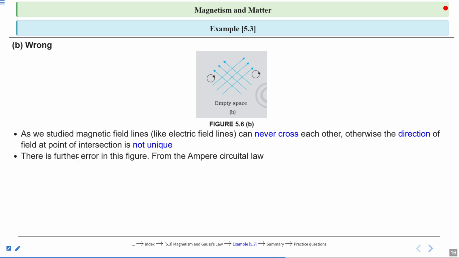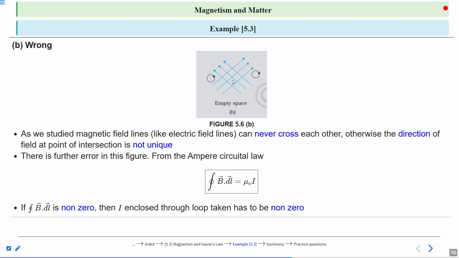Secondly, there is a further error from Ampere's circuital law: closed integral B vector dot dl vector is equal to mu naught I. The closed integral of the magnetic field along the closed path will be equal to mu naught I, which means these loops should contain some current across them. But there is no current across them, so it is 0, and that means B dl should also be 0. But here there are closed loops, so this is an error in the diagram also.